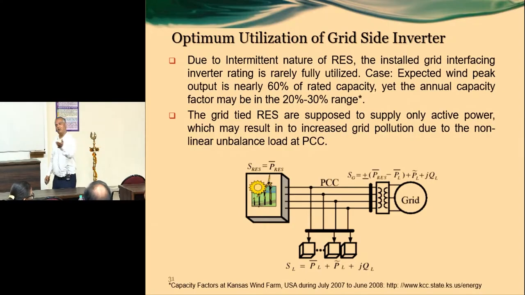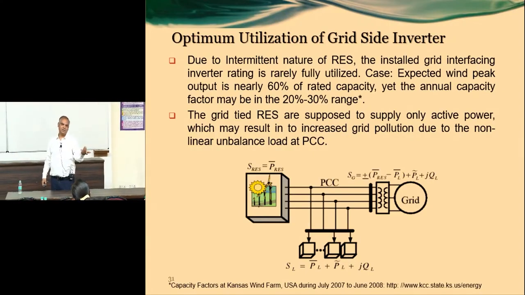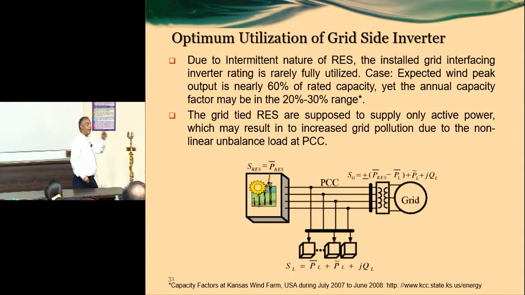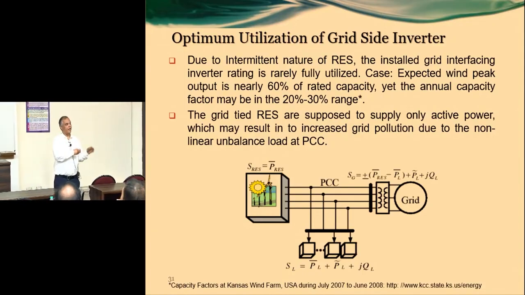If the grid is utilized at unity power factor, that is a win-win situation. The power electronic device can handle the non-linear load at the PCC itself, so that the combination appears as a perfect linear device to the grid. Now you got my point.